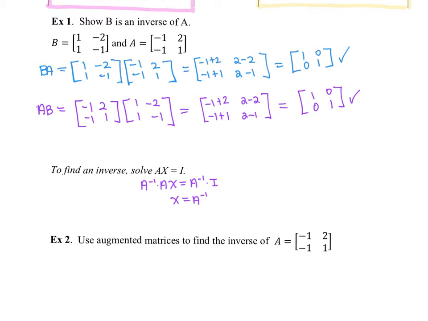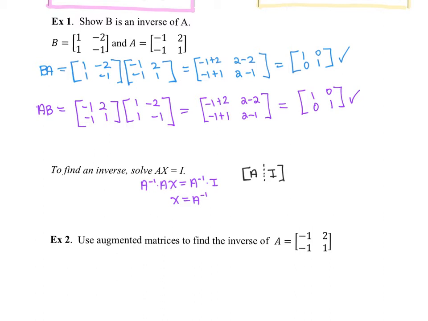So if I look at the original equation, it's A times X equals I. I'm going to put matrix A on the left side. Since I'm trying to find what X is, where the equals is I put the augment, and I'm going to put the identity matrix on the right.